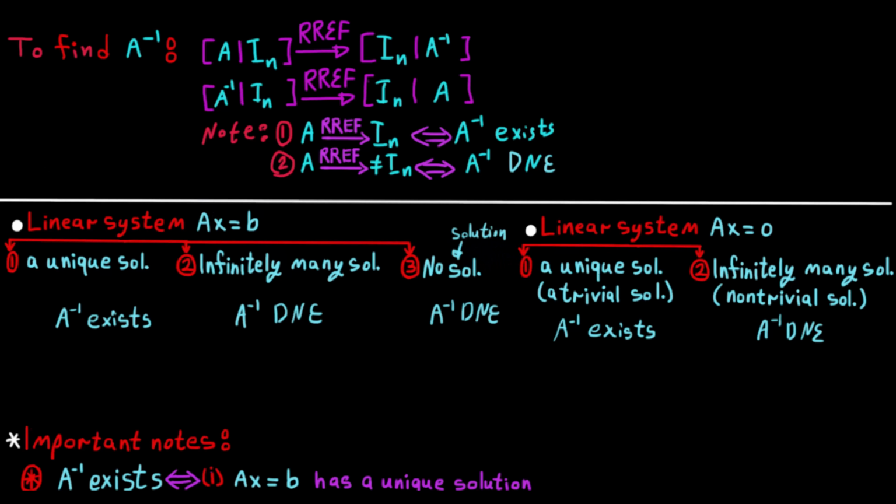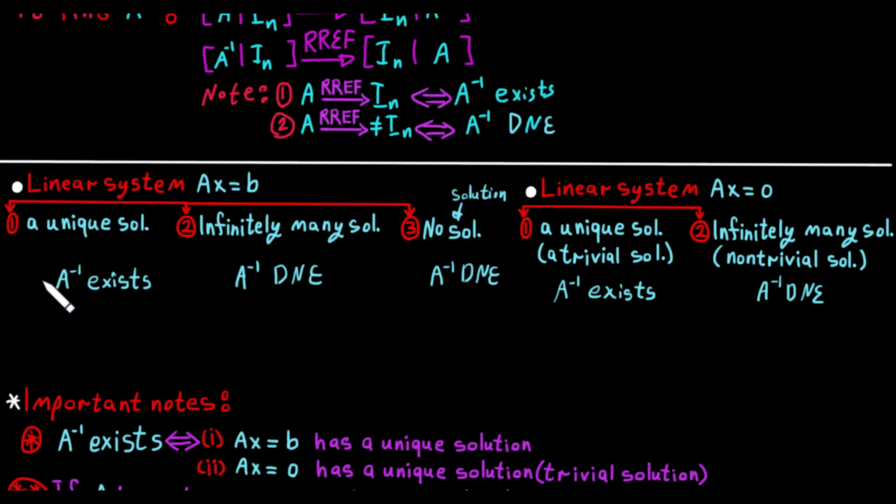Okay, let's go a little bit down. So here, to make clear why here we have A inverse exists, I just want to remind you, as before, here this is a unique solution. It looks like this after applying RREF.